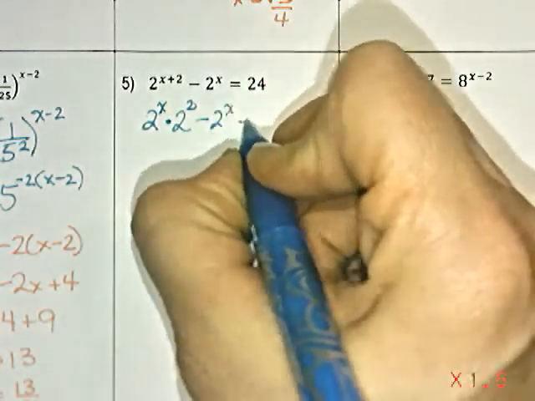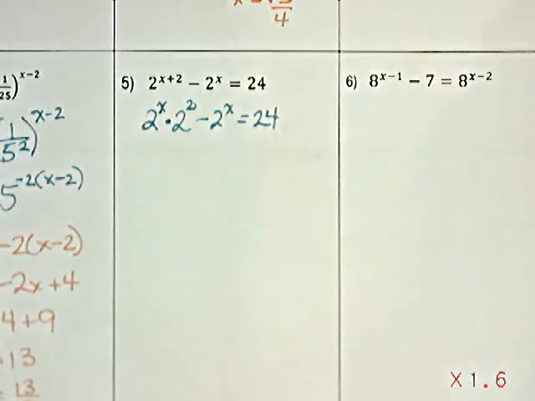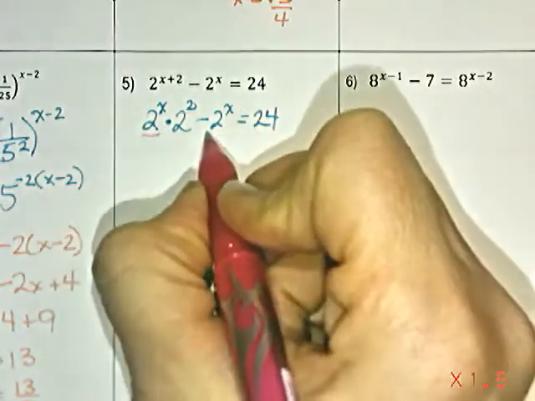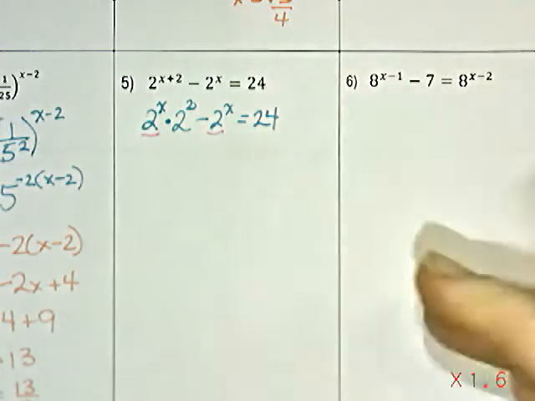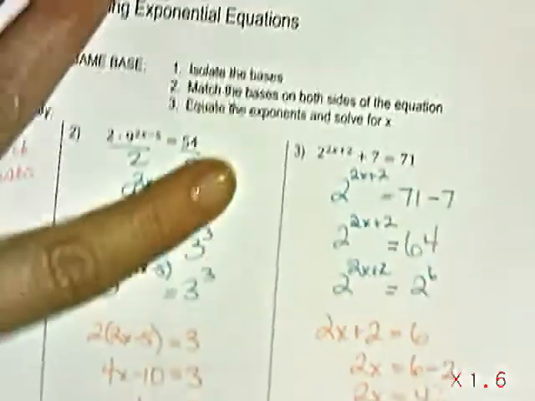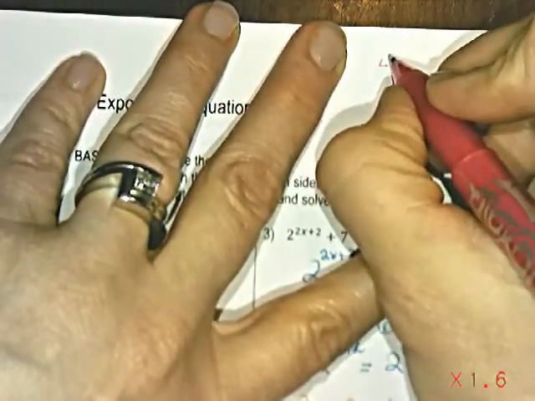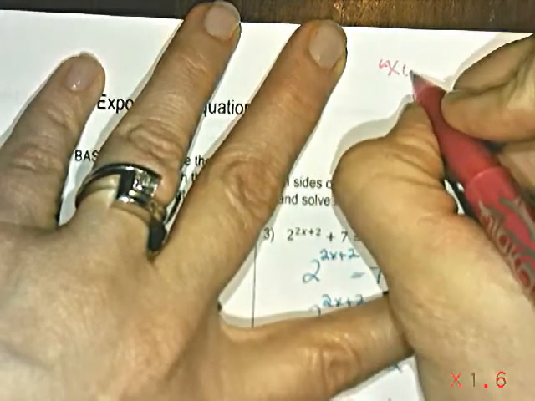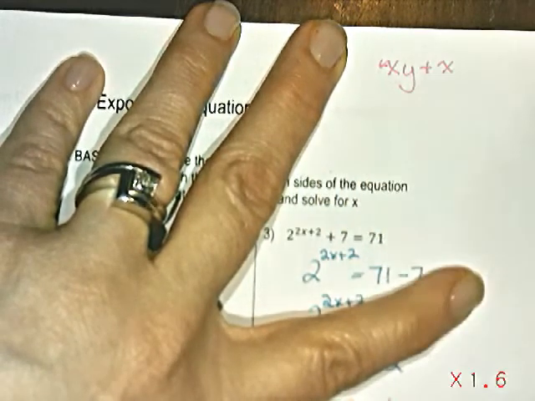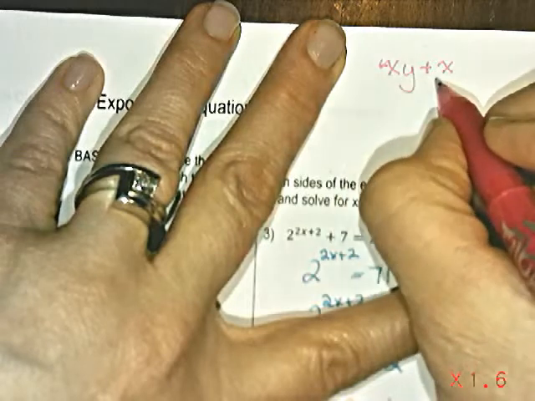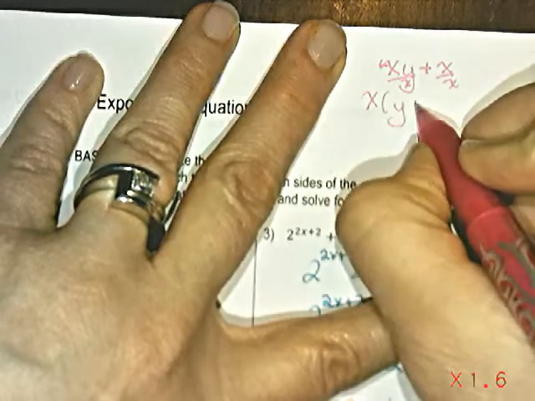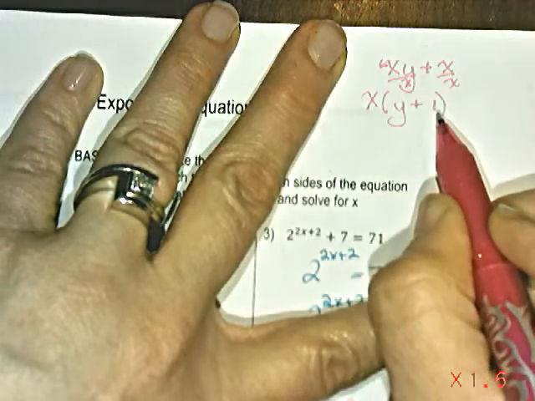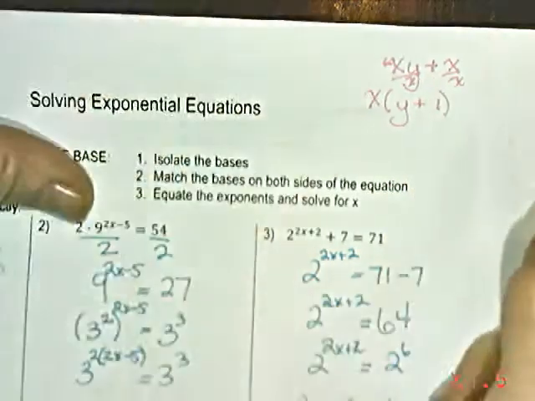And so I like to write it out to remind myself that I have got this 2 to the x in both of those terms. And so if you remember your common factoring, this perhaps might be similar to a situation like if I had an x times a y plus an x, then I would have an x in each term, and algebraically we would have divided it out of each term and pulled it out front, and I would have had a common factoring situation where if I distribute this back in, I would get back to where I started.